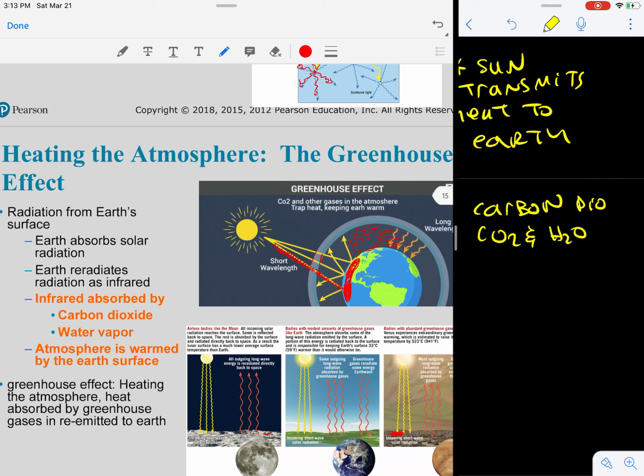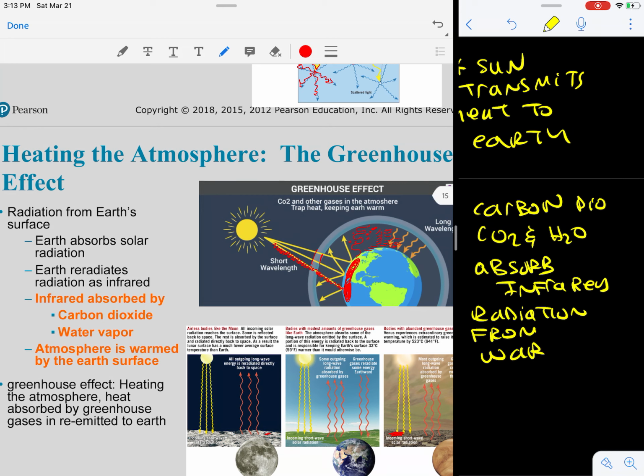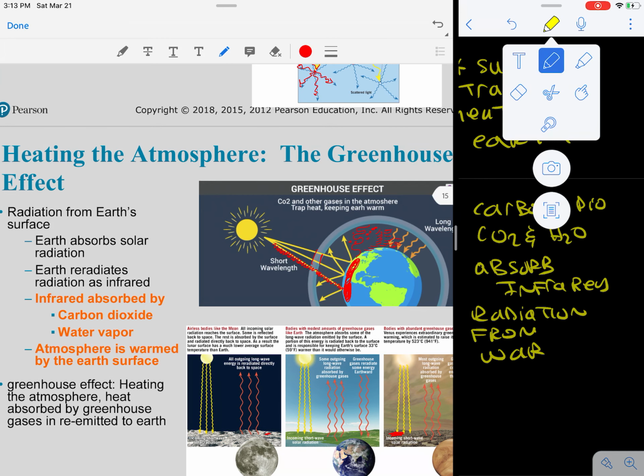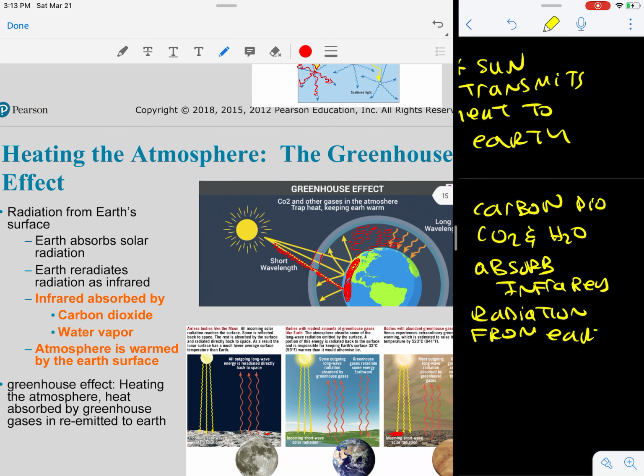What they do is they absorb infrared radiation from the warm surface of the Earth. And after they absorb it, they release that heat to warm the atmosphere.